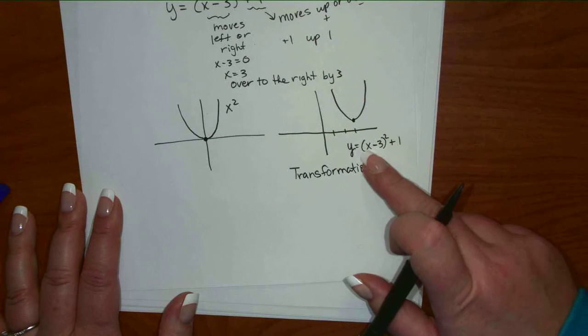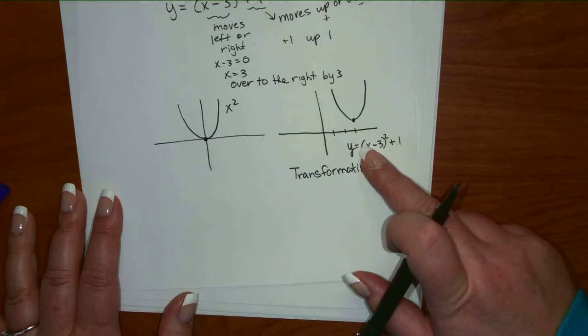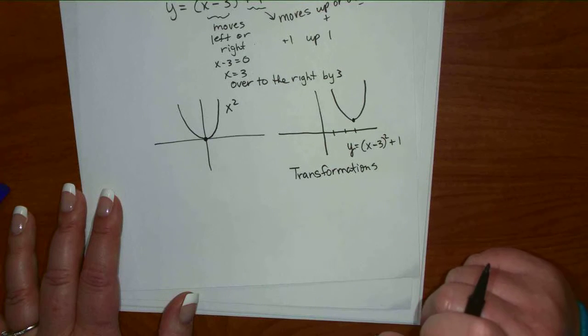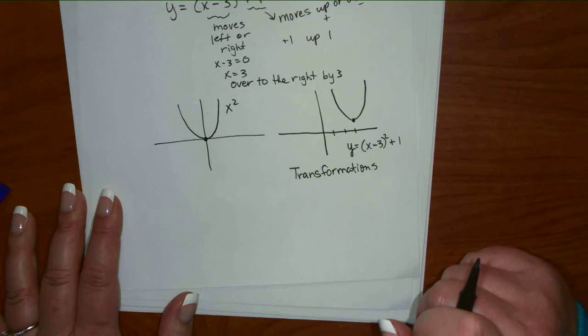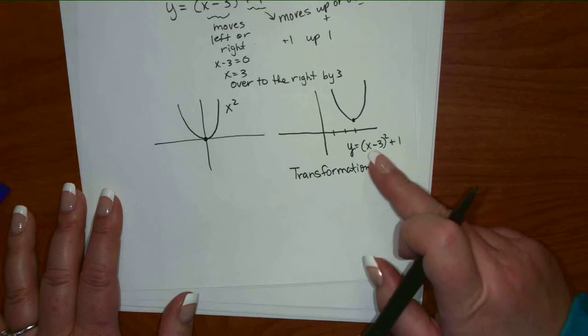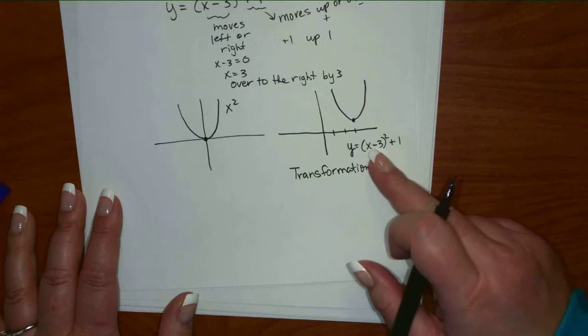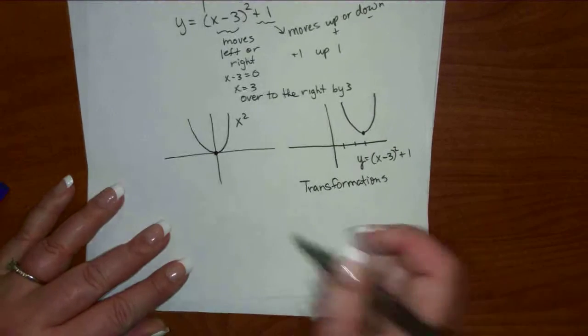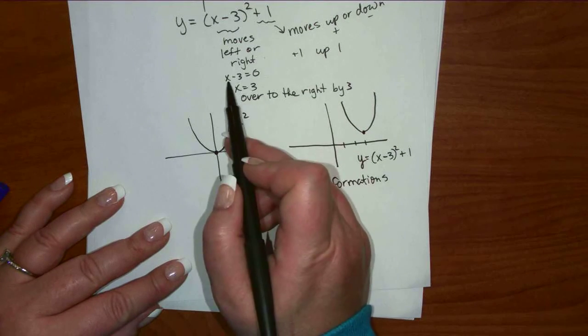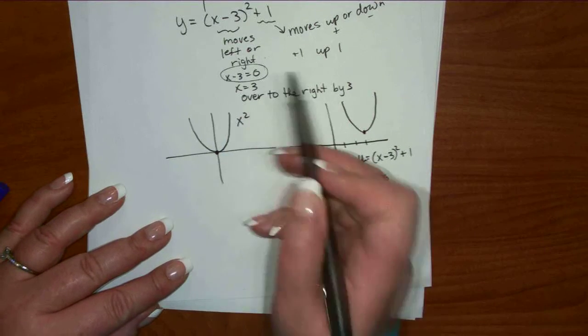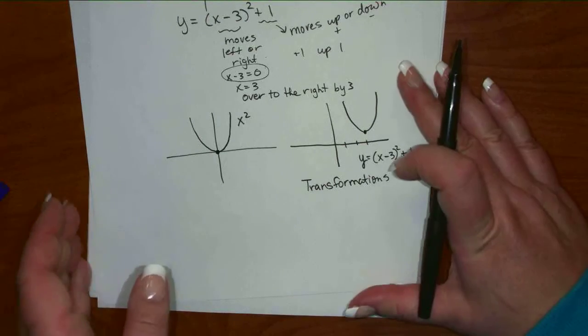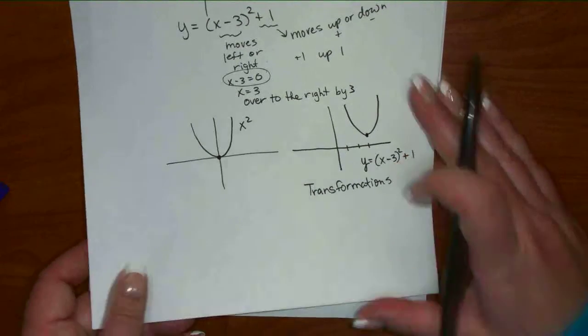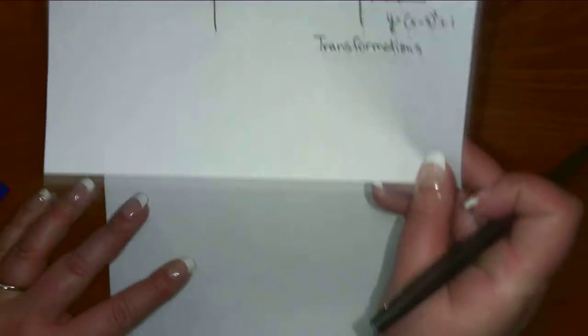But really, it moves to the number that makes whatever's inside that bracket 0. Okay, so don't get caught up in if that's a minus, I move to the right, and if it's a positive in the bracket, I move to the left. Don't do that. So I said it moves to the left or right by setting this equal to 0 and solving. That's how you know which direction. Okay, because I can make them that don't move that way.